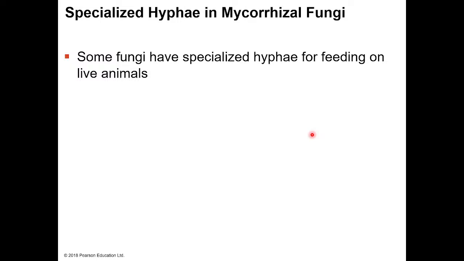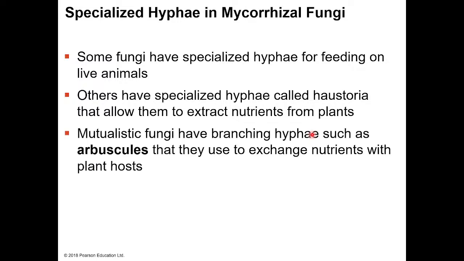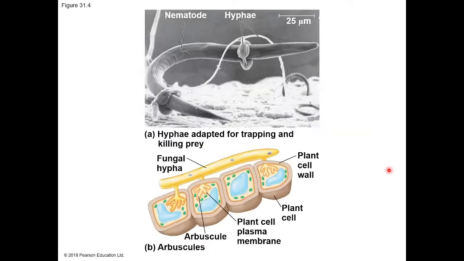Some fungi have specialized hyphae for feeding on live animals. Others have specialized hyphae called haustoria that allow them to extract nutrients from plants. Mutualistic fungi have branching hyphae such as arbuscules that they use to exchange nutrients with plant host.